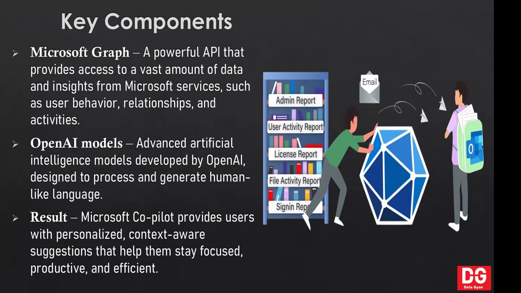This means Copilot doesn't just provide generic answers. It understands the context of your work, learns from your interactions, and then delivers context-aware recommendations. It doesn't just predict words, it understands the meaning and then provides suggestions that align with your work.